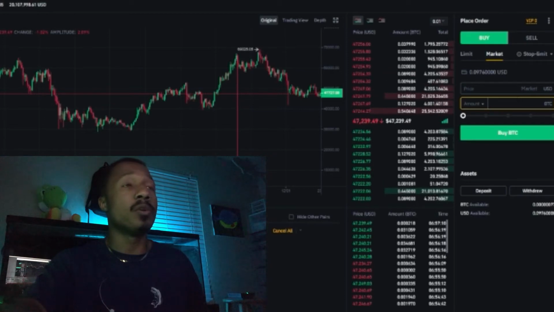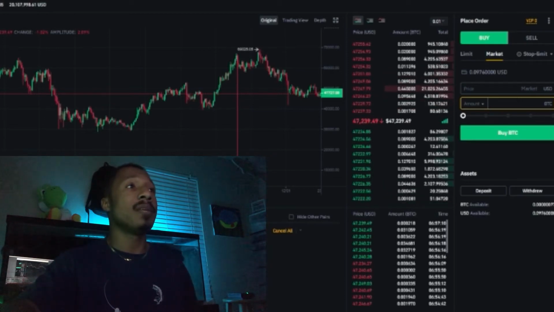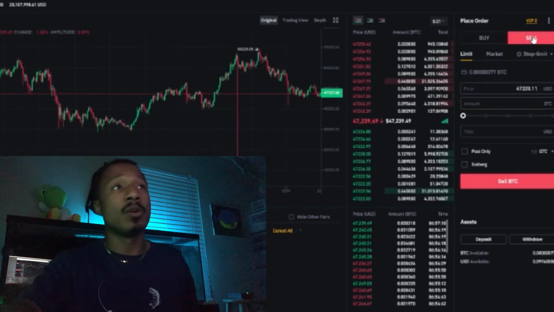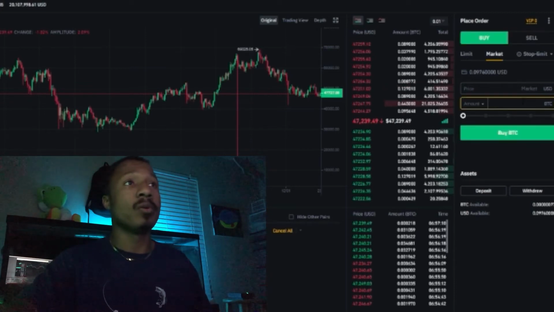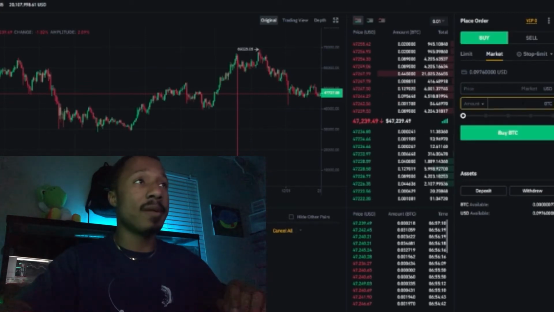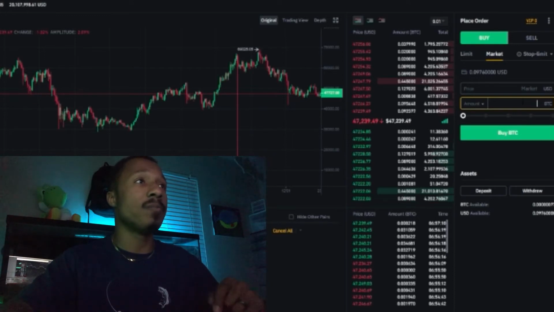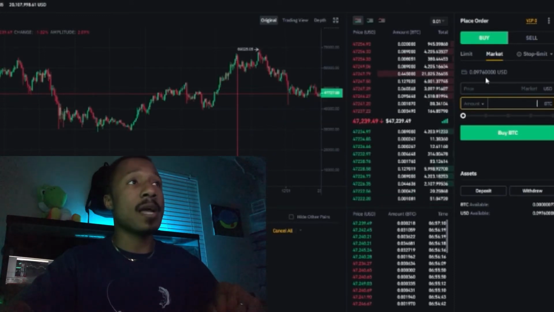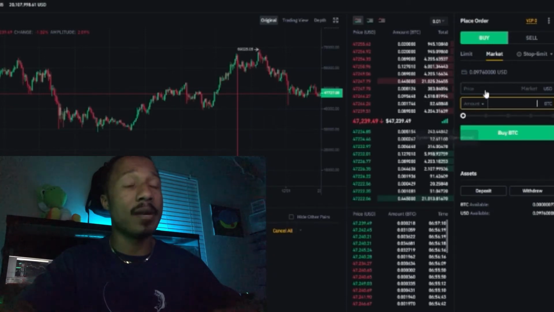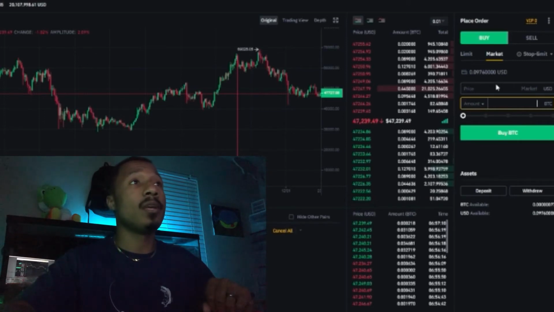So this could be good or bad sometimes, depending on how many people are willing to sell or buy, depending on whether you're market selling or market buying. Why this could be good or bad is, let's say you're trying to buy at a lower price, but you hit market buy and the market can't get you anything low, but it gets you something a bit higher than what you're willing to spend, then you're out of luck.